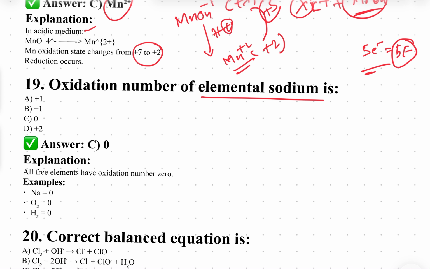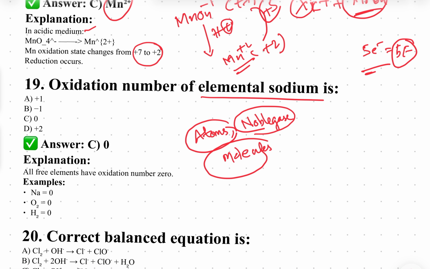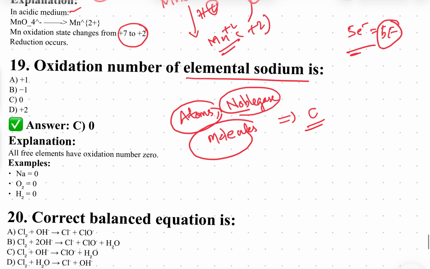Next one, oxidation number of elemental sodium. Very important. Elemental means atoms, noble gases, and some molecules. These all have oxidation state equal to 0, students. Very important. Be careful.